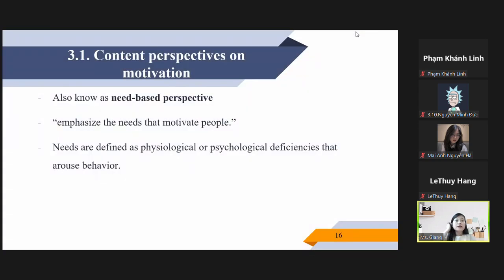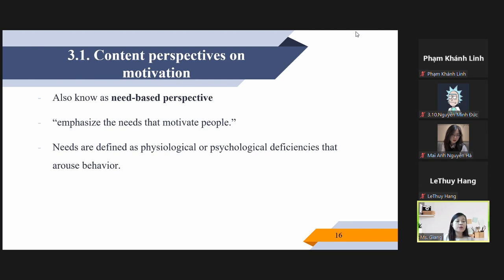The first one is content perspective on motivation. In the content perspective, we pay attention to the needs of human beings. So it also has another name, need-based perspective. We base on the needs of individuals.